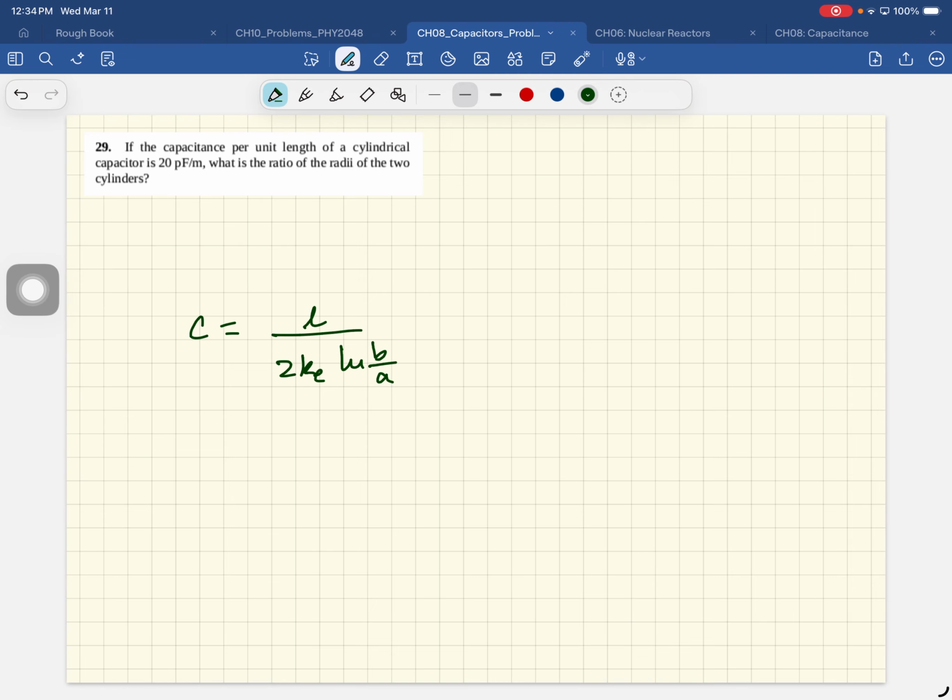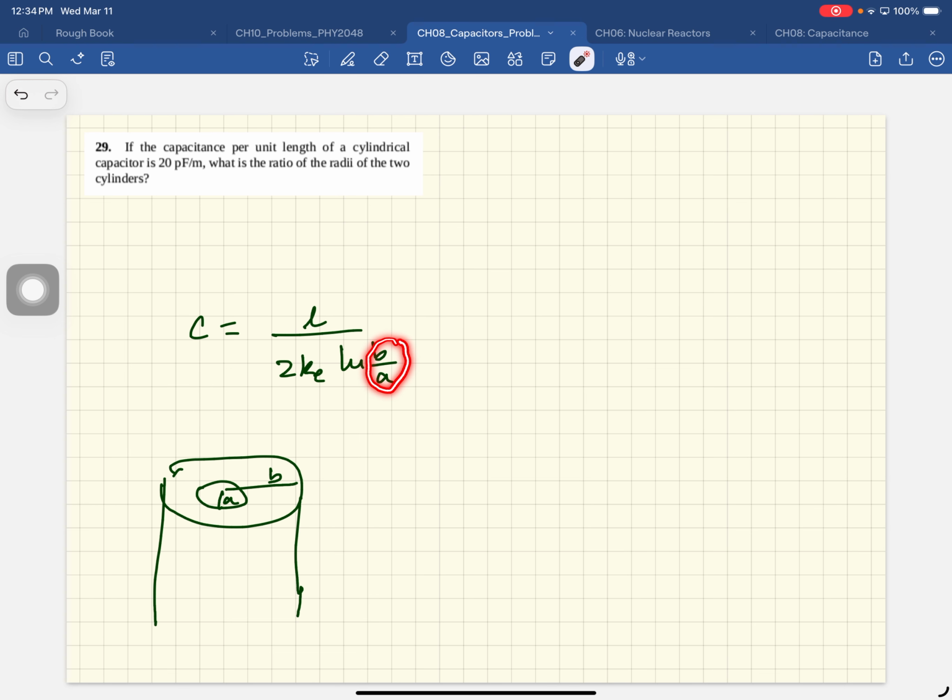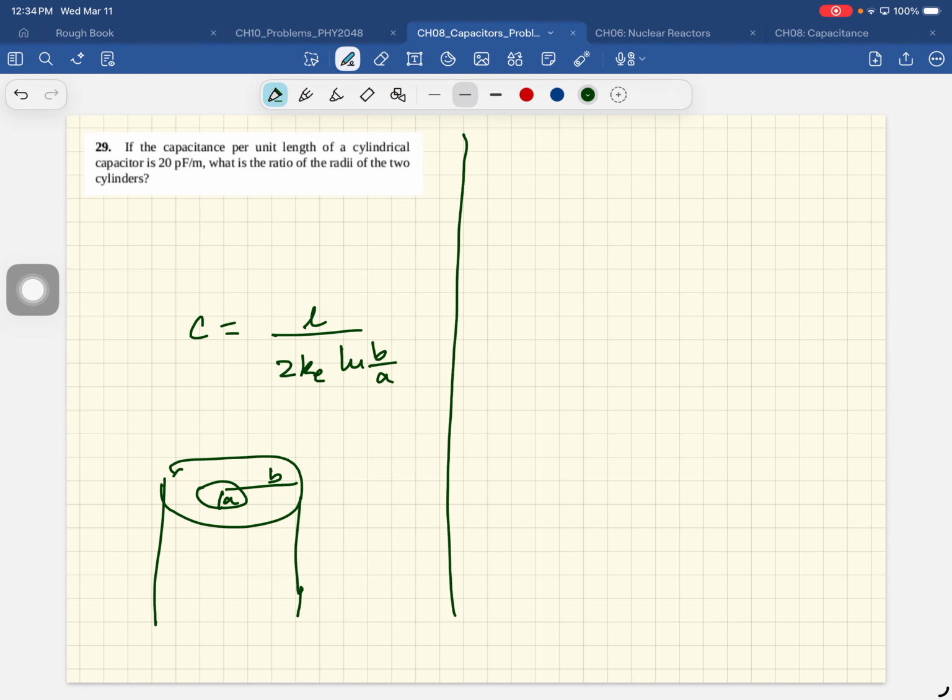So what is the ratio of the radii of the two cylinders? They want the ratio of the two radii of the two cylinders. This is A, that is B, and that's the ratio they want. So 2 k_e C, or log B by A equal to, all right.